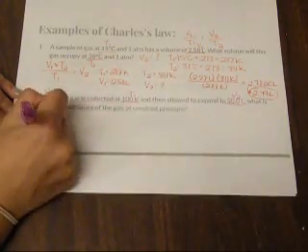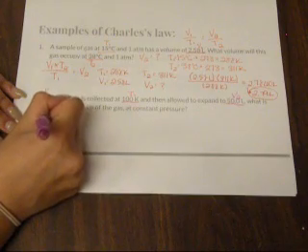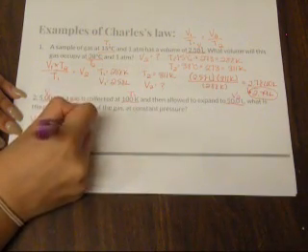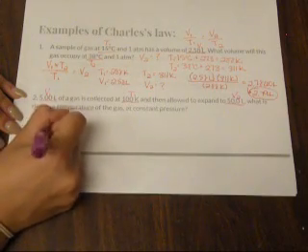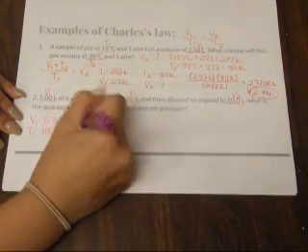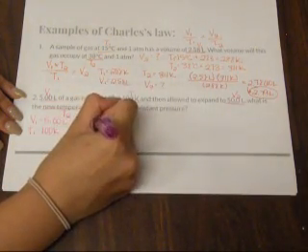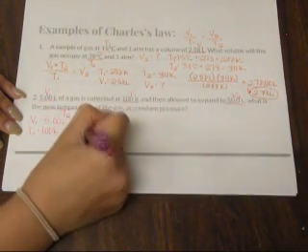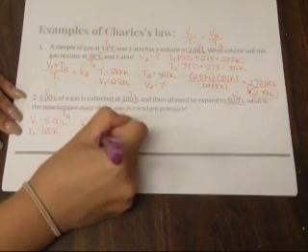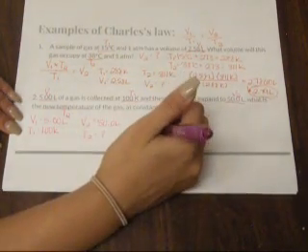Now let's write down our givens. So V1 is 5.00 liters, T1 is 100 K, V2 equals 50 liters, and T2 is what we're solving for.